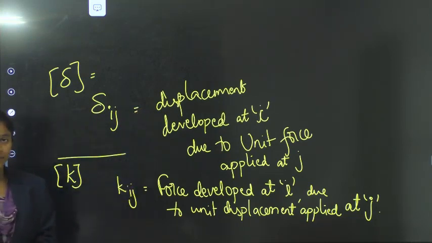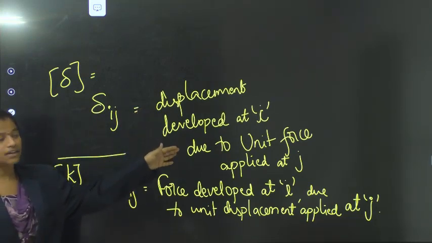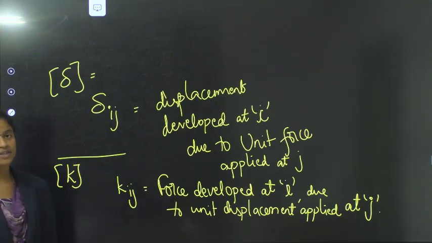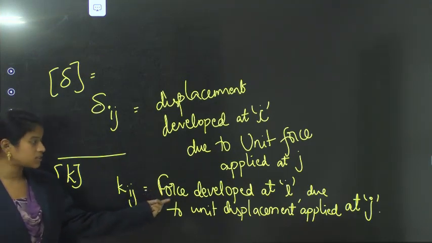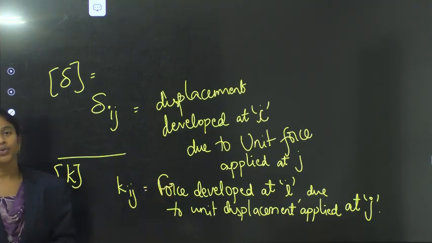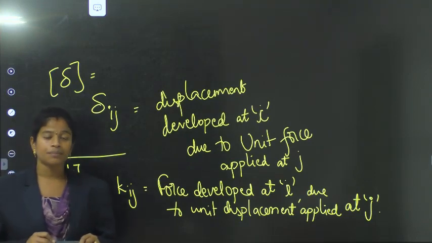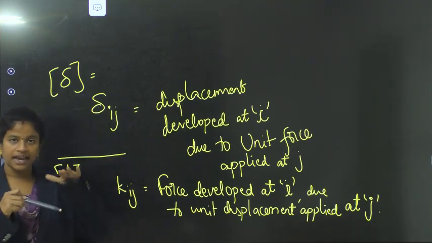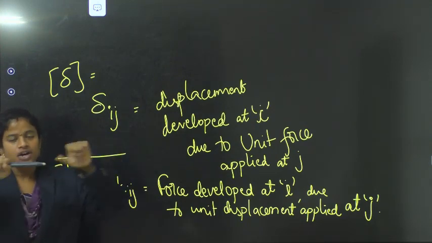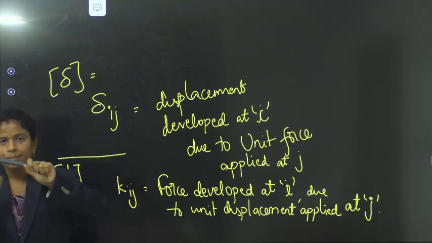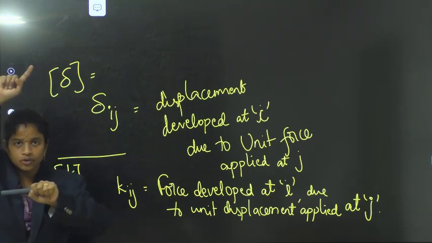Flexibility matrices are the force matrices because I am applying the forces, unit force I am applying, and the corresponding displacements I am observing. Here the forces are the outputs: the force developed at I due to the unit displacement observed at J. So as I am applying a force at this section, due to this force, what is happening to the top end?